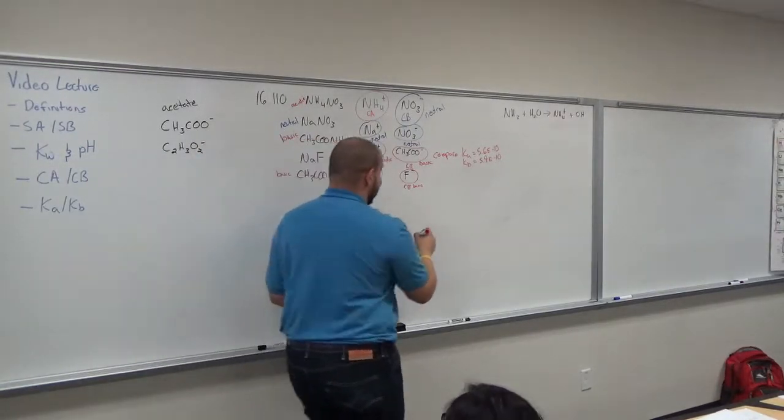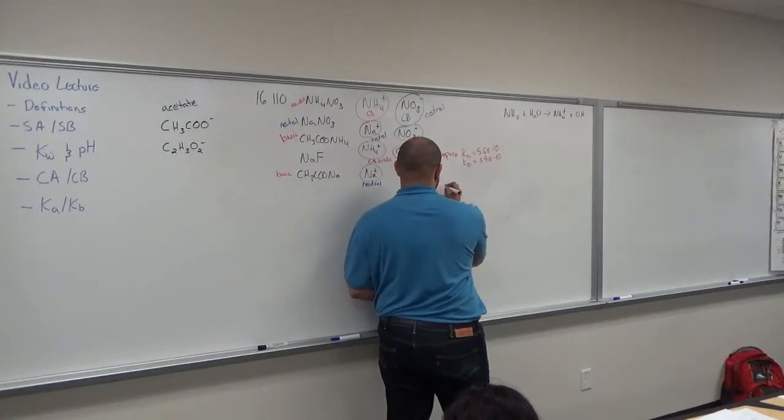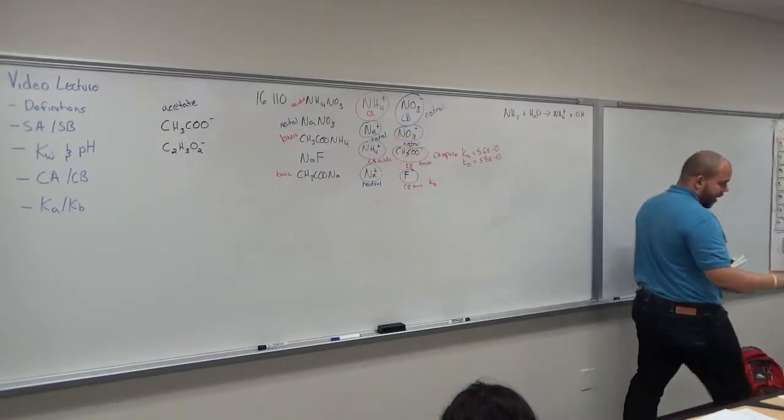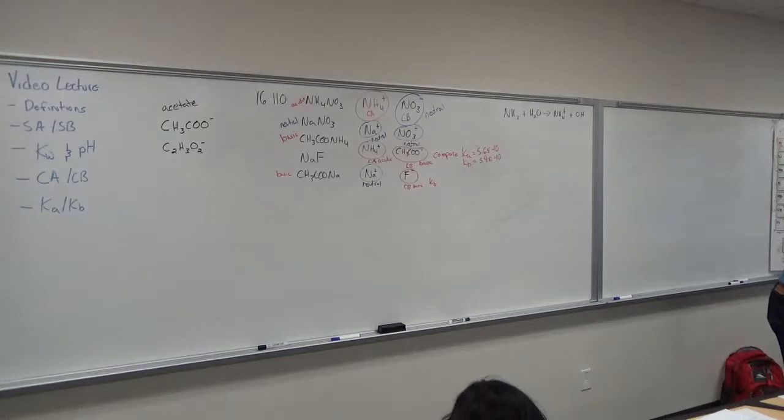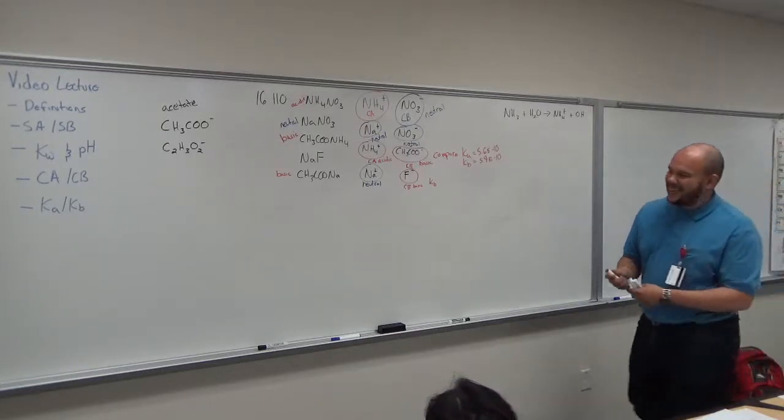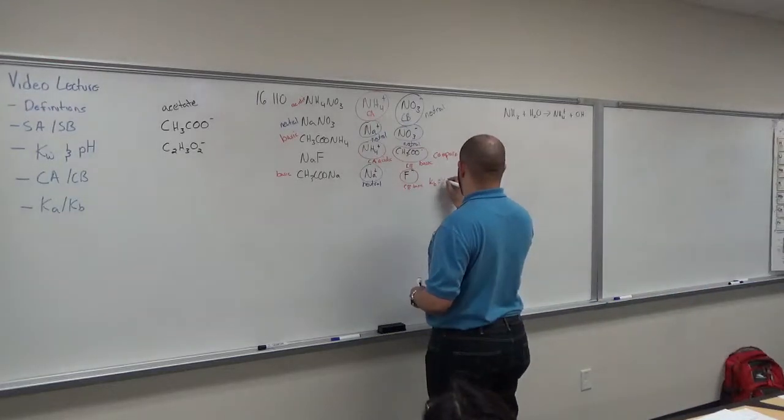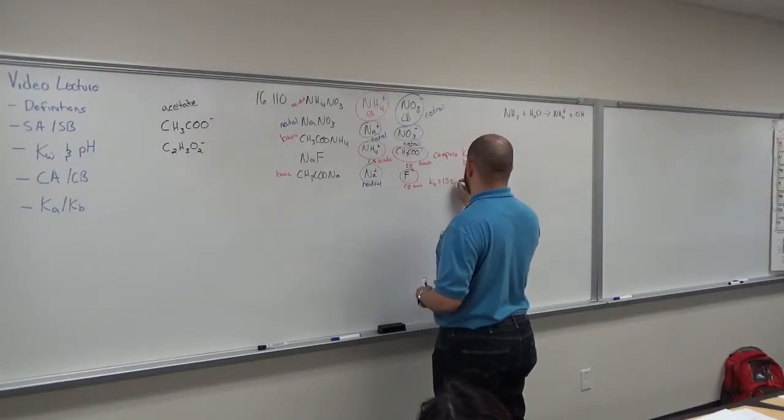And if you looked at the Kb for F minus, the Kb for F minus is 1e to the negative 14 divided by 6.8e to the negative 4, which is 1.47e to the negative 11, about 1.5e to the negative 11.